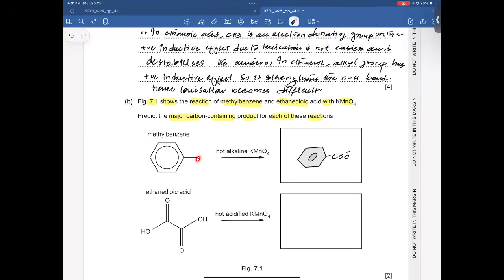First, this CH3 will turn to COOH. So it's going to be benzoic acid, but because of this medium, it will turn to a salt. So I'm going to write salt, okay?